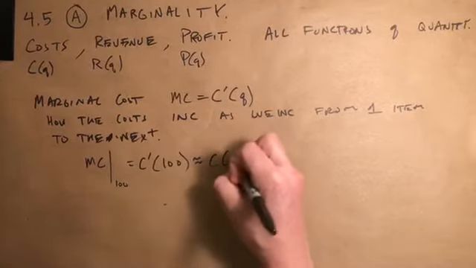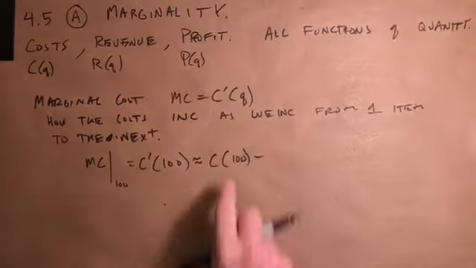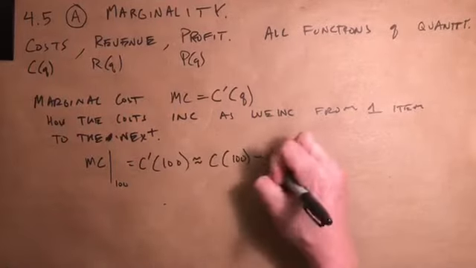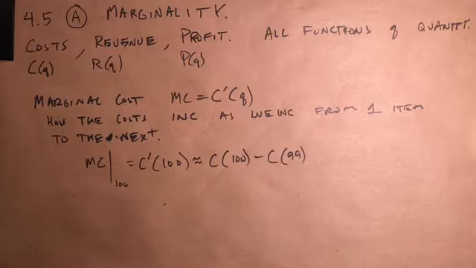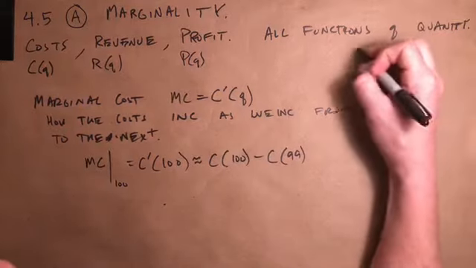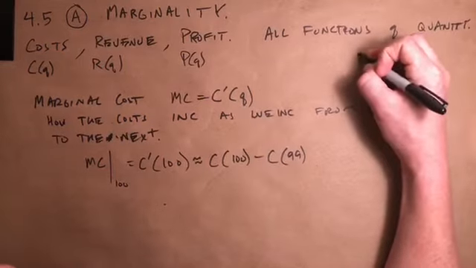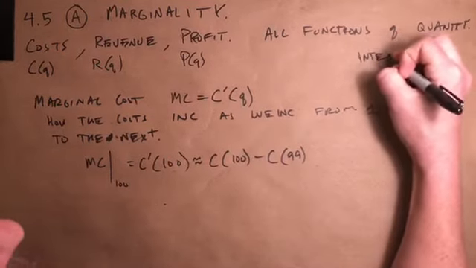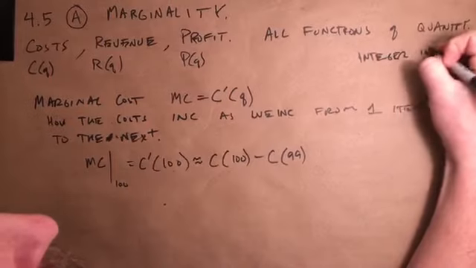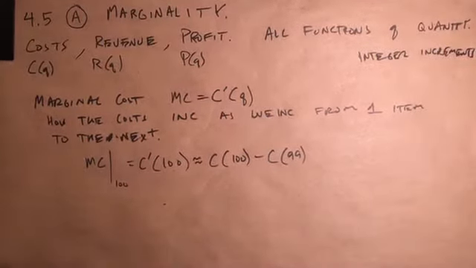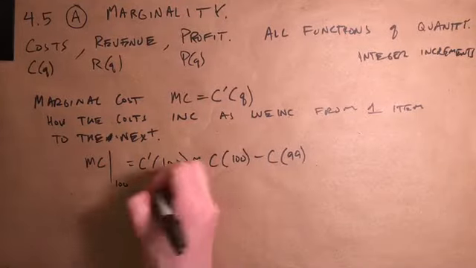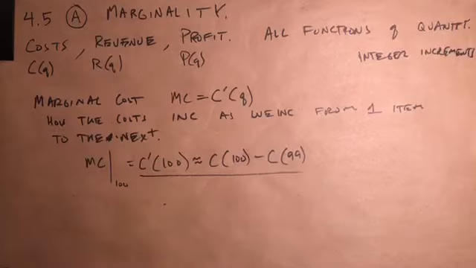Well, it's going to be the cost of 100, that's the total cost of making 100 items, minus the total cost of making 99 items. And because for the most part, quantities are going to only be these integer increments, that's a pretty good way of thinking about our marginal cost.